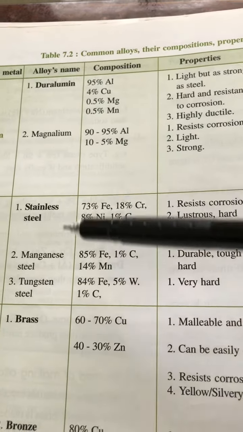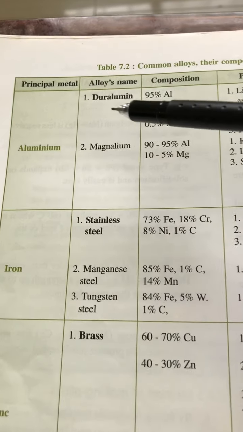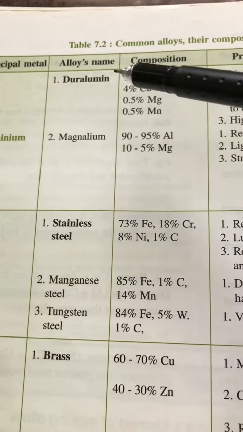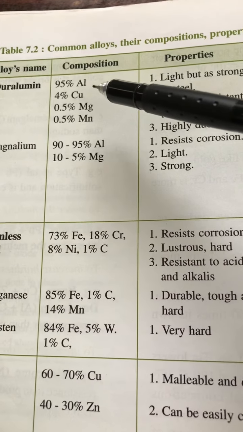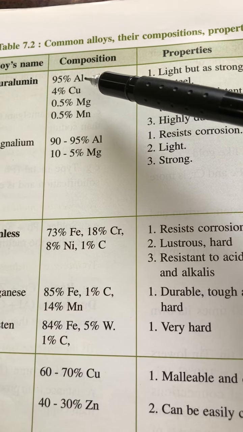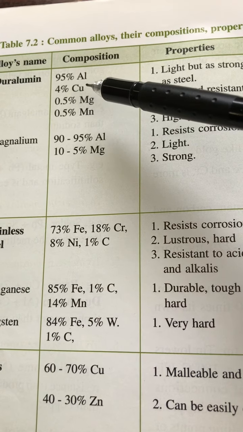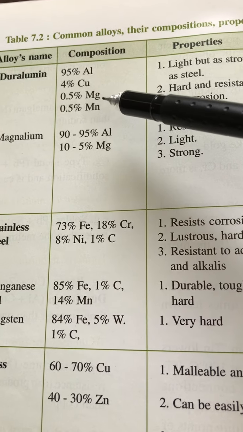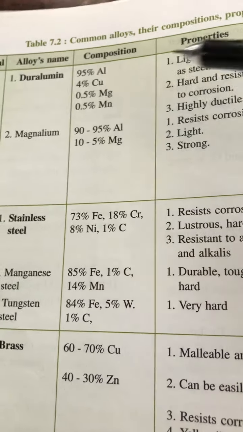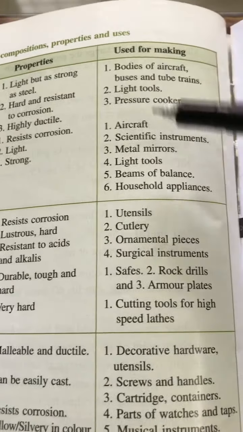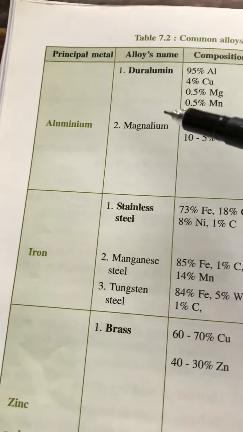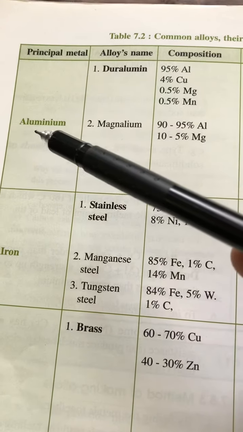So what are the points you have to refer from this? Once again I'll repeat. Check. Aluminium, alloy's name duralumin. Composition: aluminium 95%, copper 4%, magnesium 0.5 and manganese 0.5. These properties are for your information. Yes. So the main points as I explained once again.